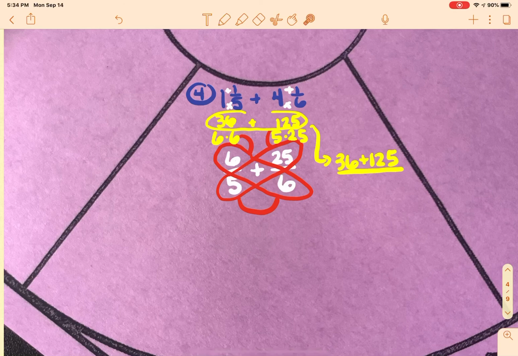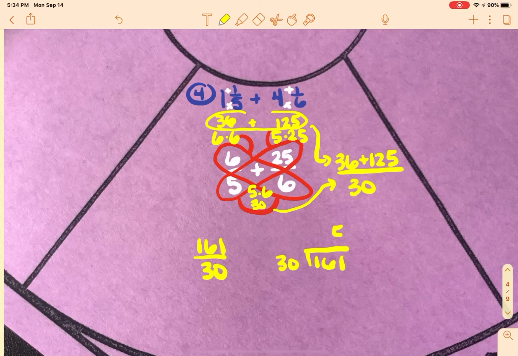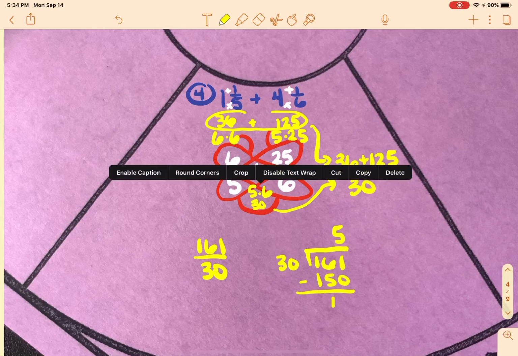Now to do the bottom, I have 5 and 6 that I'm going to multiply together, which is 30, and that goes in the bottom here. So if I do 36 plus 125 is 161 over 30. It doesn't reduce, but since the 161 is higher, I'm going to have to divide it out. So it goes in there 5 times, with 11 left over.